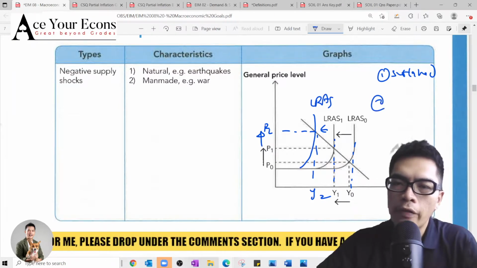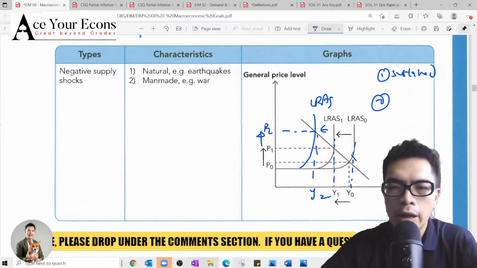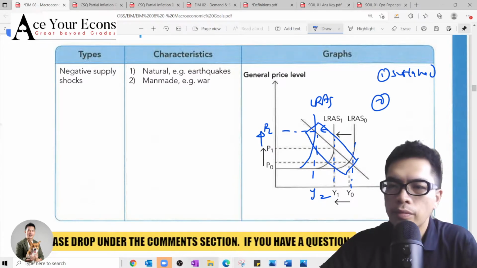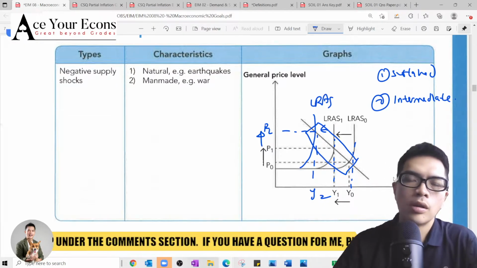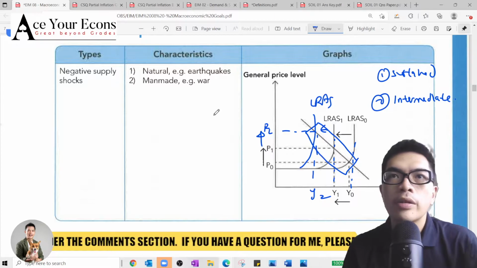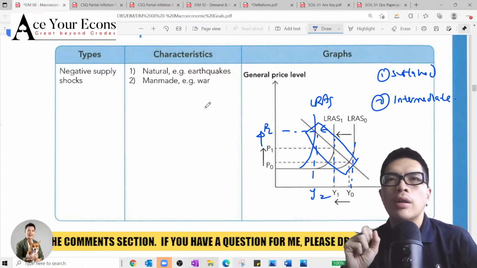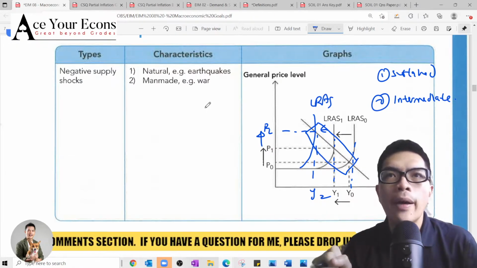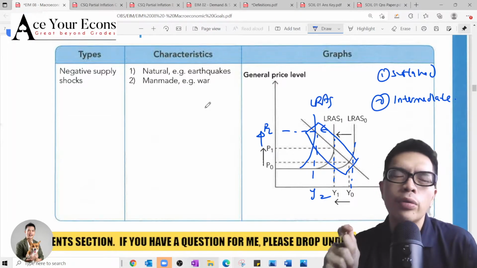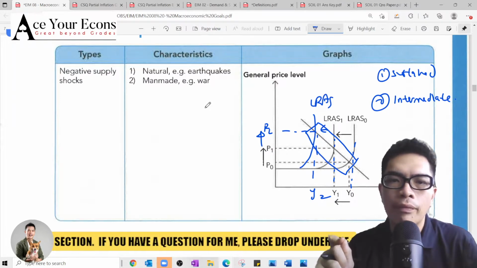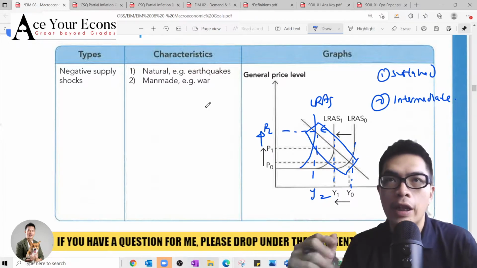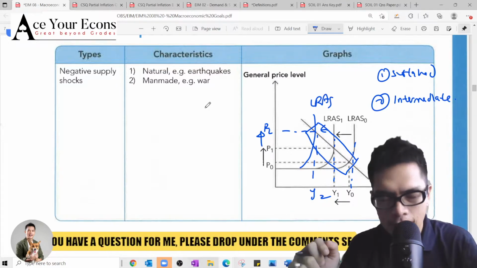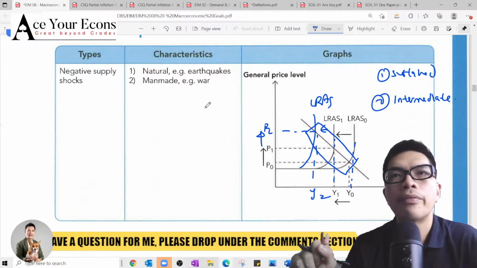And if you're ever confused where to draw at the intermediate region. Likewise, the extract or the preamble will not tell you that there is cost push inflation that affects the LRAS. So you have to decipher yourself, right?